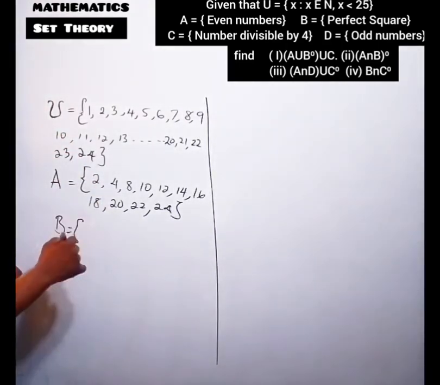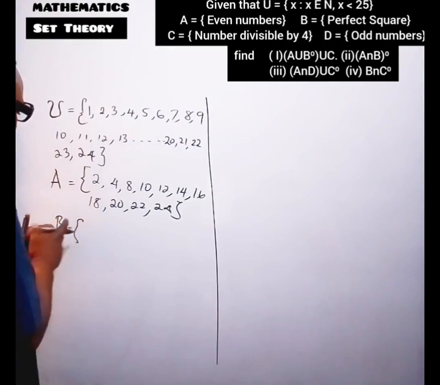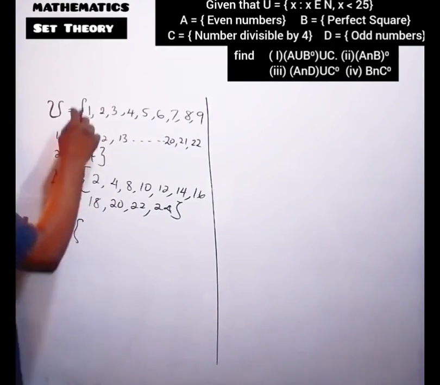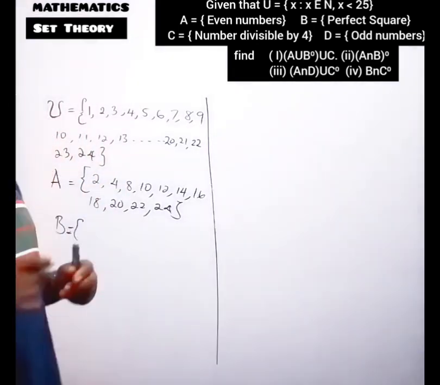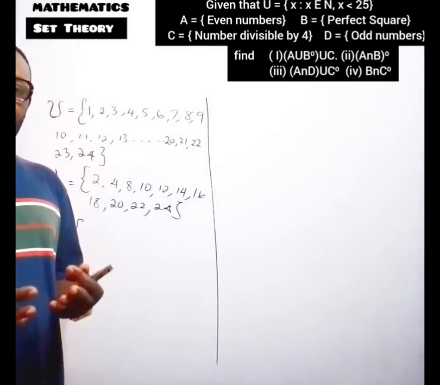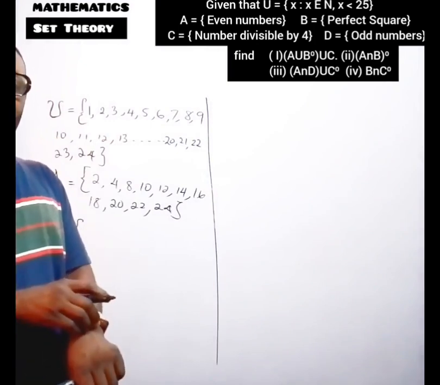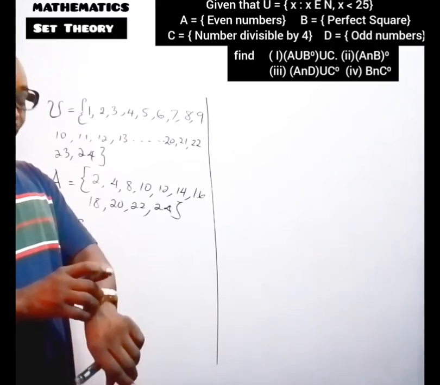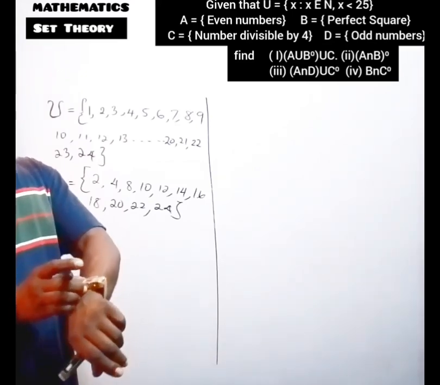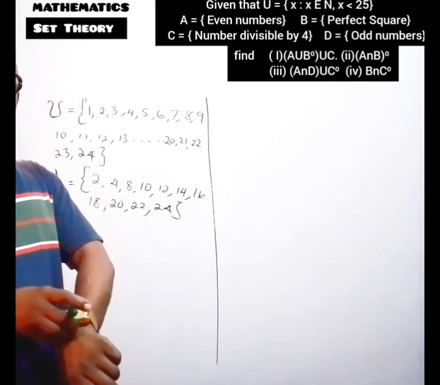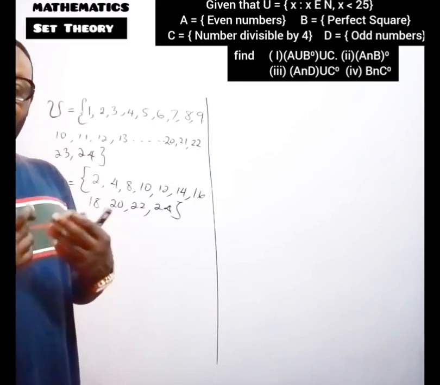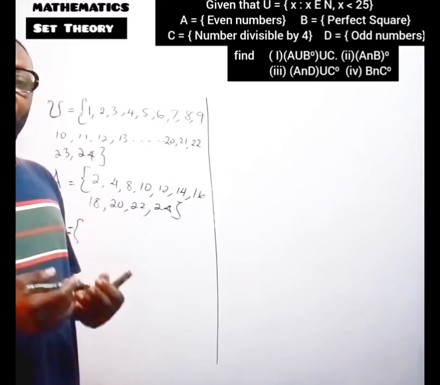Perfect squares start from 1, because perfect squares are values you get when you multiply a particular value by itself.